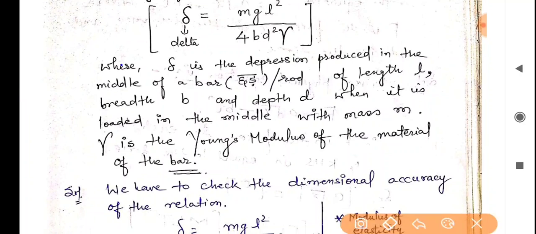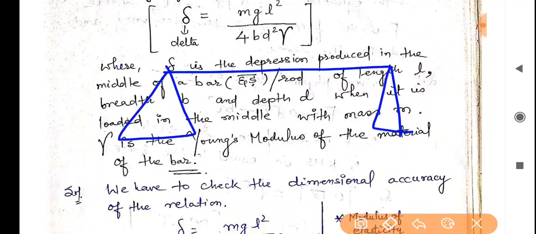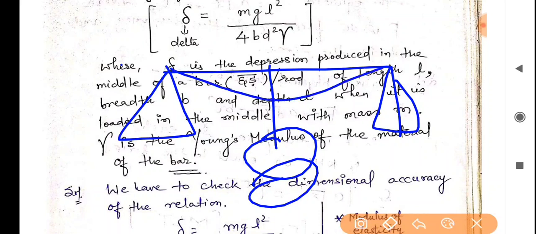Suppose a bar is like this, and some load is put here, so it will bend and go down. So this part is the depression.